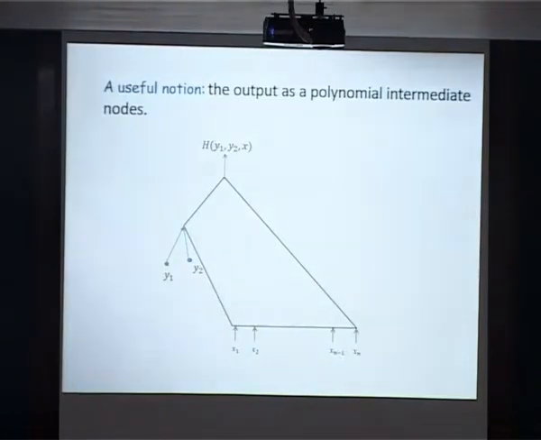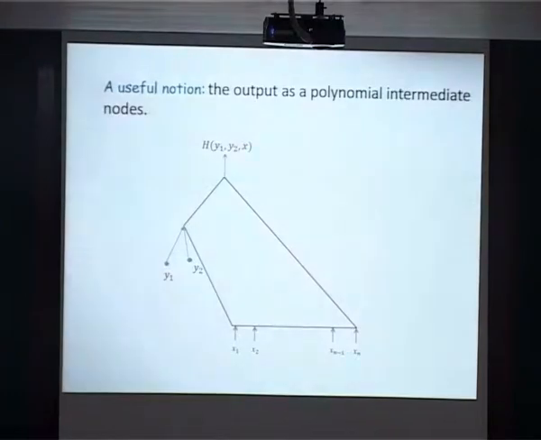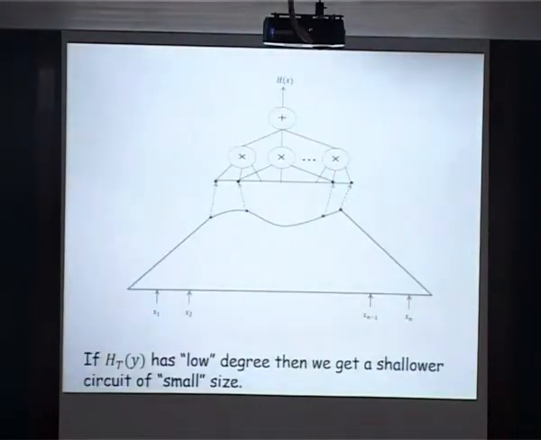So for now, let me give an overview of the proof. I will assume the following lemma. So for this naive thing to work, basically by doing this operation you want the depth to go down and the circuit size not to blow up too much.